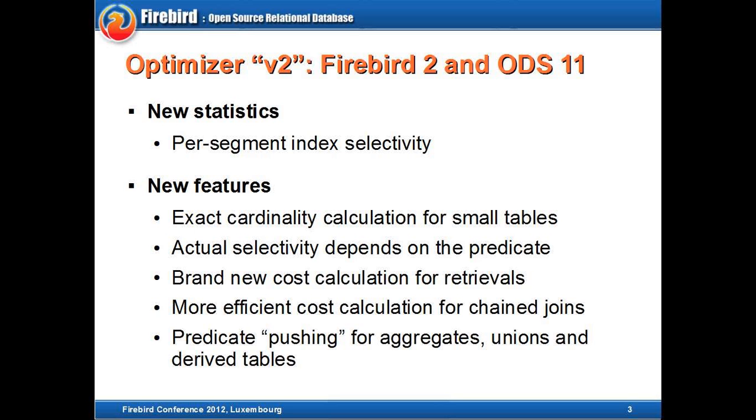Then, a more exact cost calculation was implemented in this second generation of the optimizer, because it started to account not only for how many records will be read from the table and how many data pages will be accessed, but also how many index leaf pages will be accessed before finding the necessary key or number of keys, if we speak about range retrieval rather than unique retrieval.